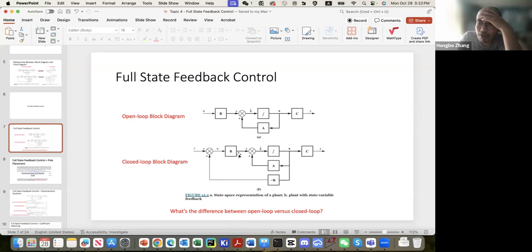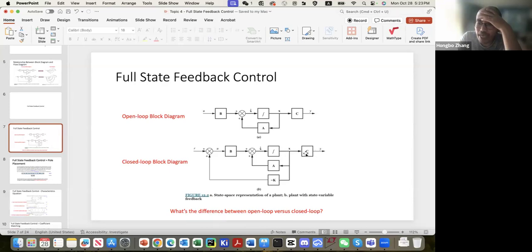This part is straightforward: Ax plus Bu equals x dot, and the integral of x dot is x.